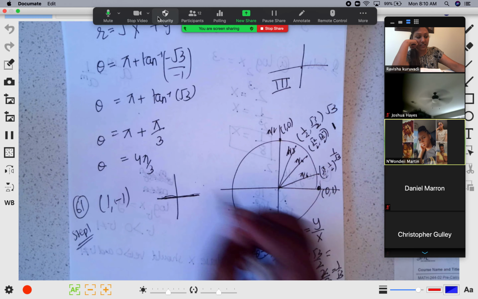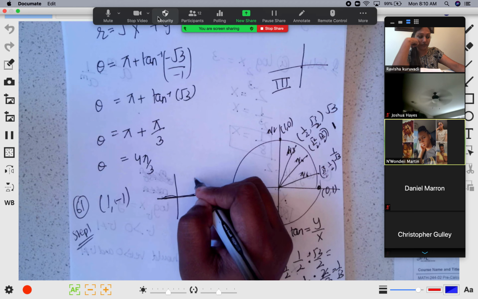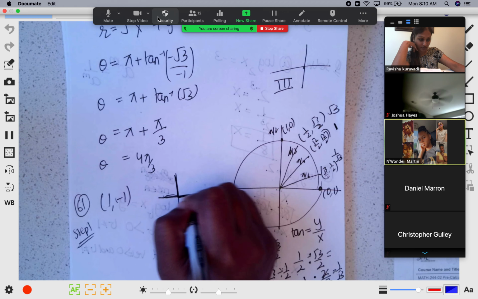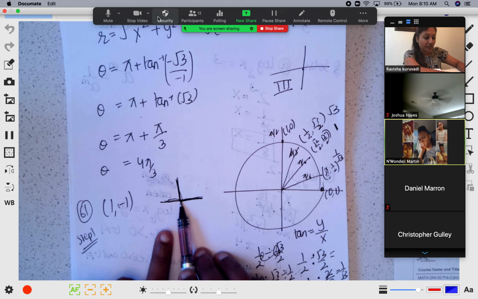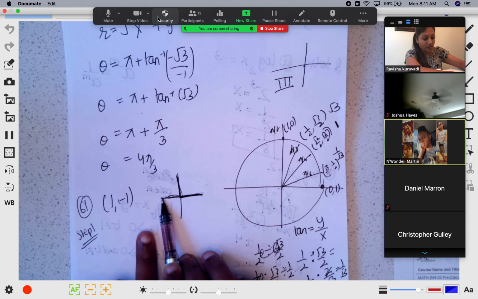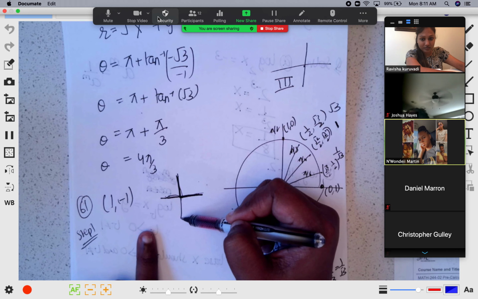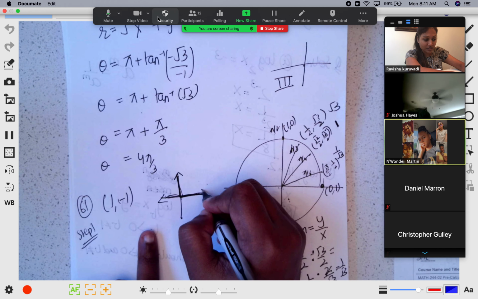What you do is, in this quadrant, what happens to my X values and Y values? Are they all positive, negative, or negative, positive? This is my X axis, this is my Y axis.